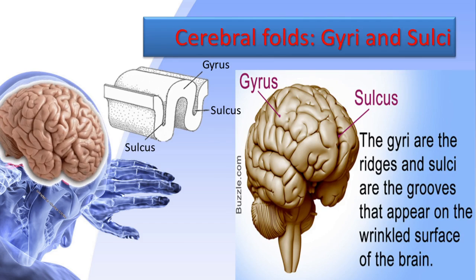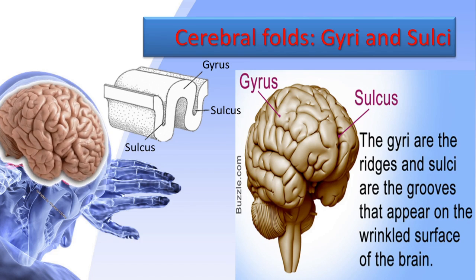Here you can see the cerebral cortex is thrown into folds, and these folds or surface elevations of the cerebral cortex are called gyri, and the grooves which separate these elevations or ridges are called sulci.